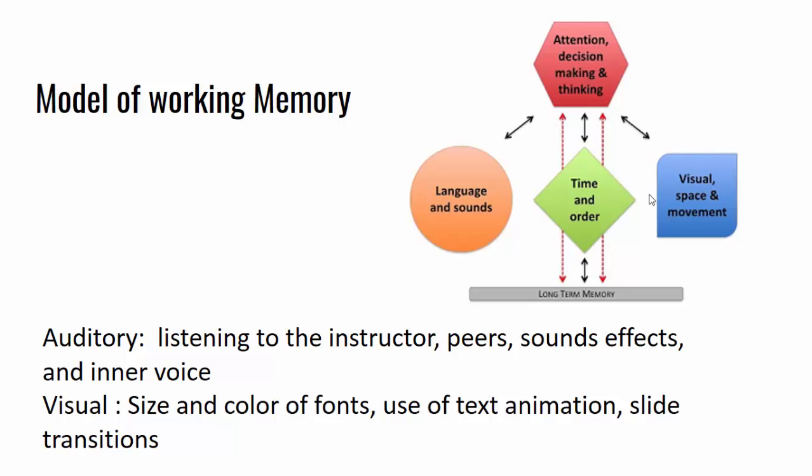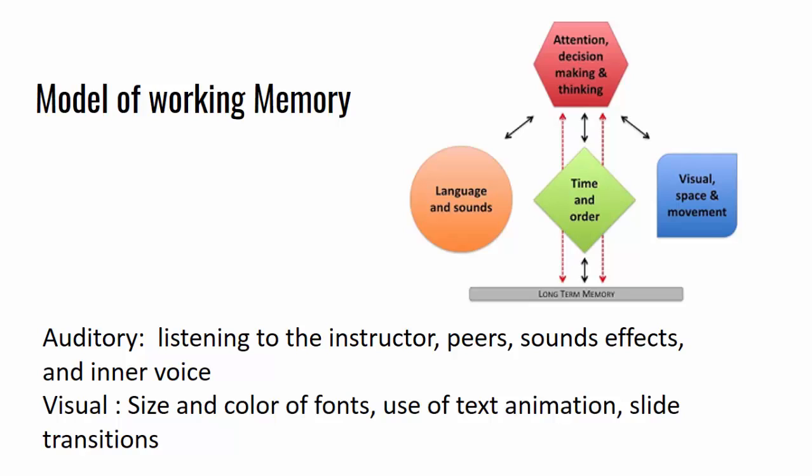The bottom gray bar is the long-term memory. And in between these two functions, the executive function and memory, is a green diamond that's shown here as time in order, and it's also known as the episodic buffer. So competing for the buffer and the brain's attention are auditory and visual signals, which are shown here in the orange and the blue.